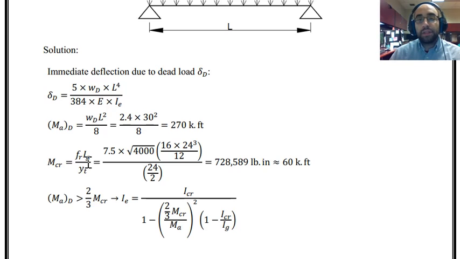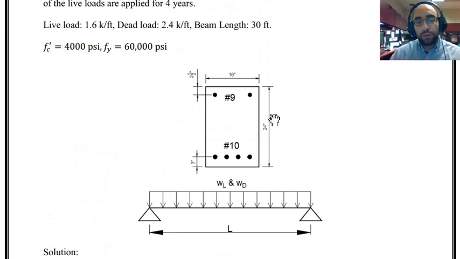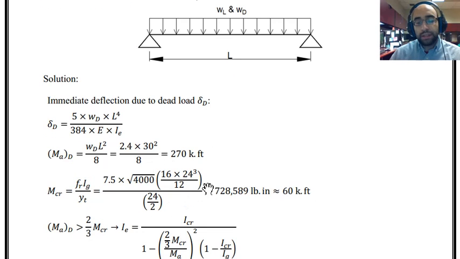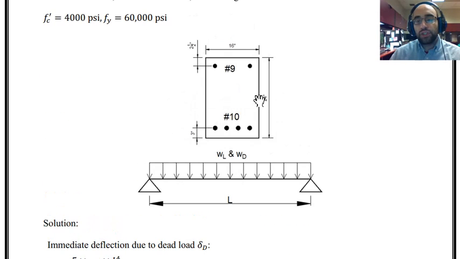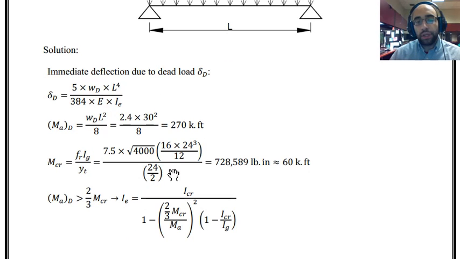Ig is the gross section moment of inertia. Gross section is just the concrete section. And as you can see, that is 16 times 24 cubed over 12. So that is the gross section moment of inertia. And then Yt is the distance from the centroid of the gross section to the tensile portion, which is just 24 divided by 2. Putting everything in this equation, the final value is 728,000 pound-inch.